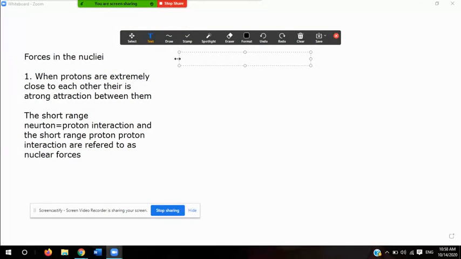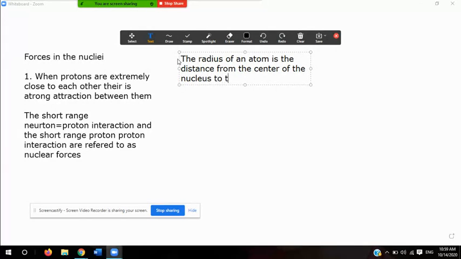So basically, the radius of an atom is the distance from the center of the nucleus to the outer portion of the electron cloud.